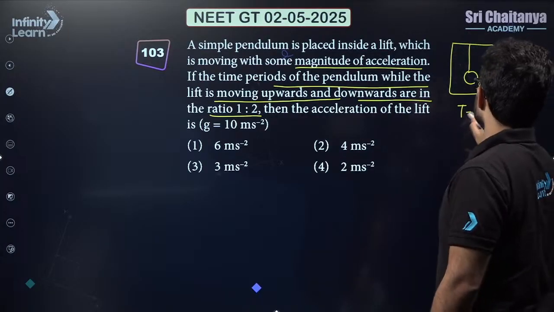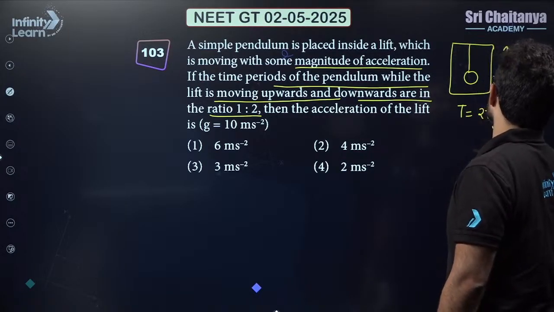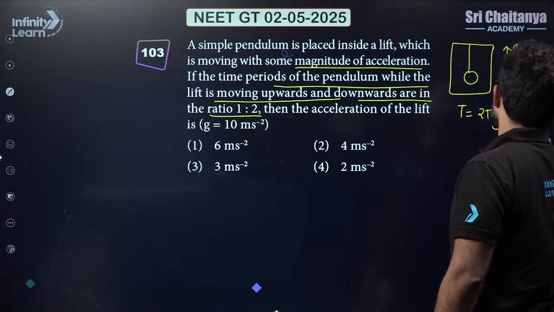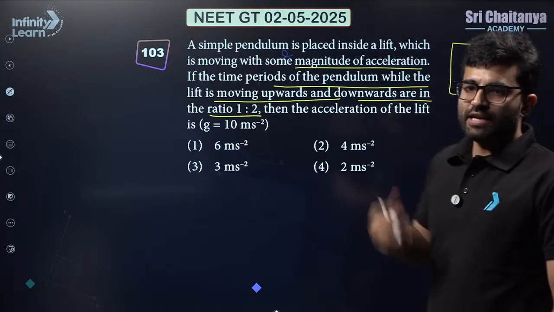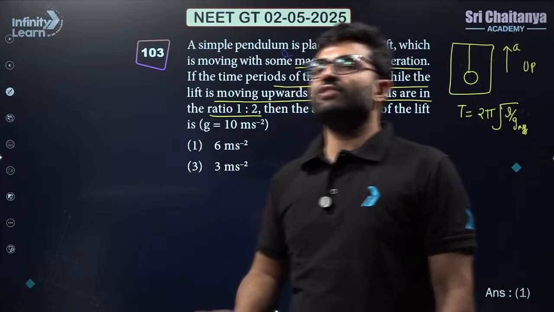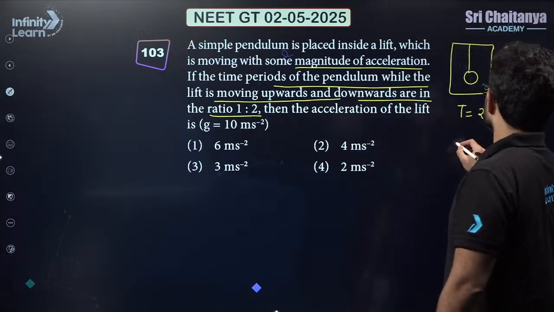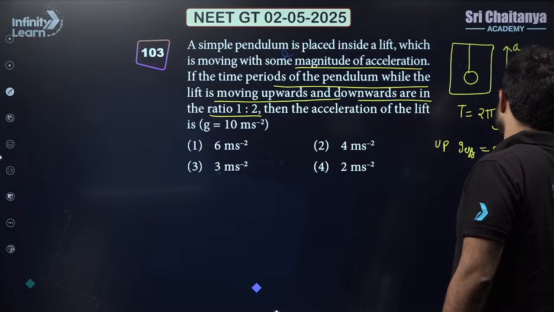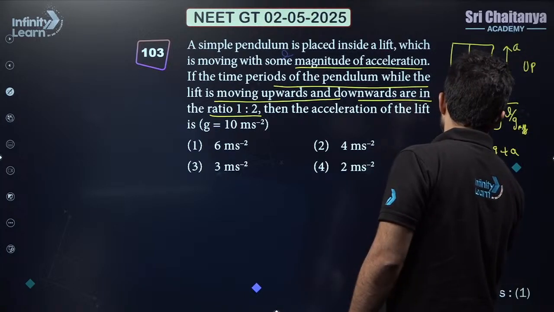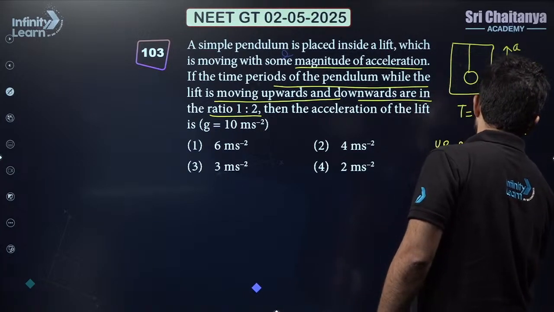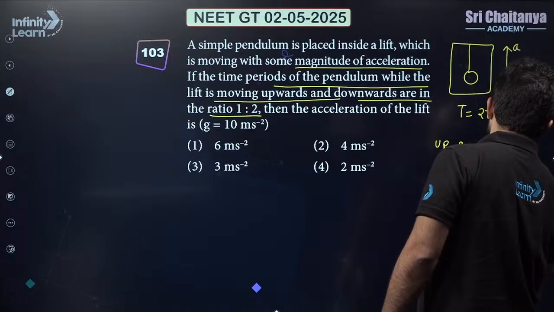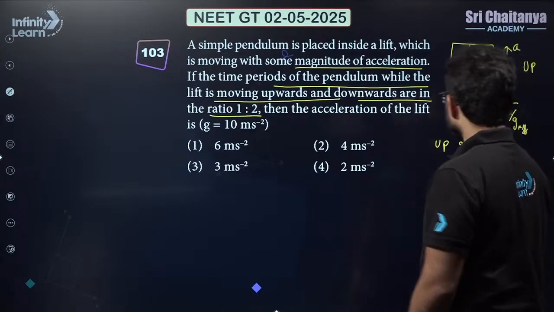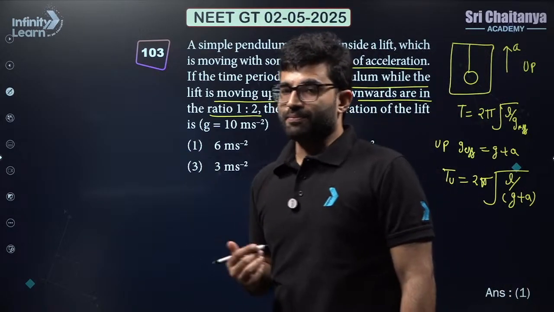You know the time period of a pendulum is 2 pi root over L upon effective acceleration, right? And if the elevator is moving upwards, the effective acceleration is g plus a, right? So in the upward case, g effective is g plus a. So my time period going up is 2 pi root over L by g plus a, right?